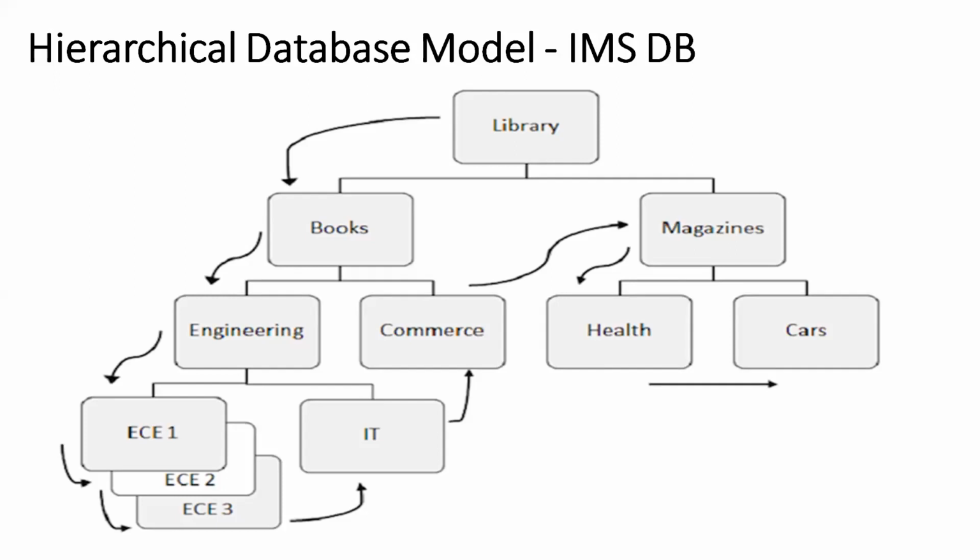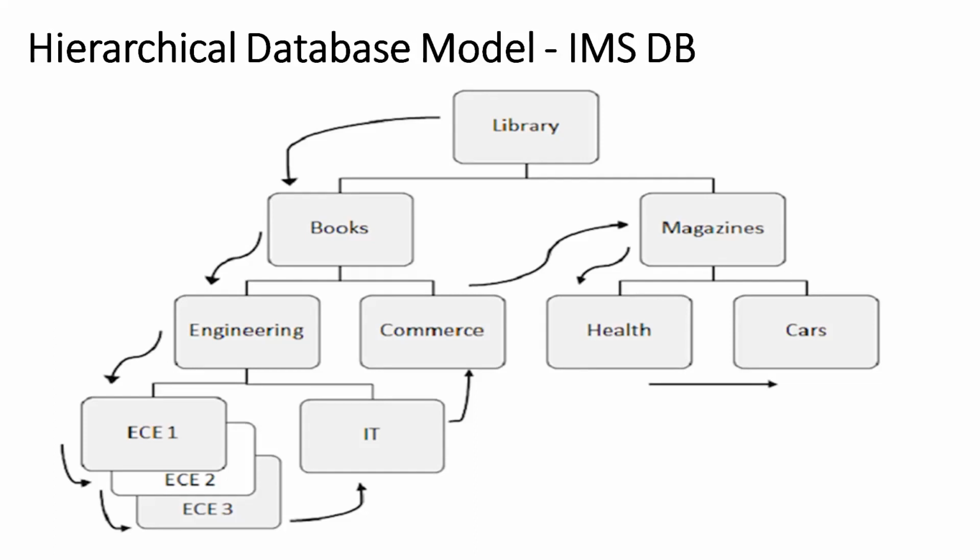In library you can see library name, library ID, library location. Under the library segment you have the book segment, with fields like book ID, book name, book cost. Those are the fields.